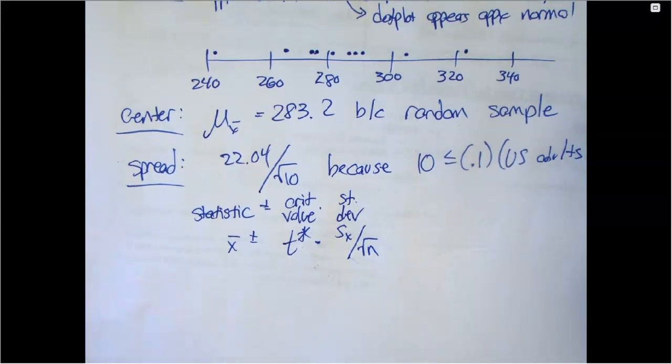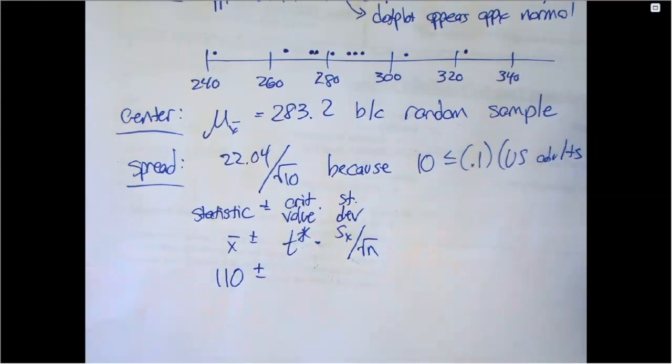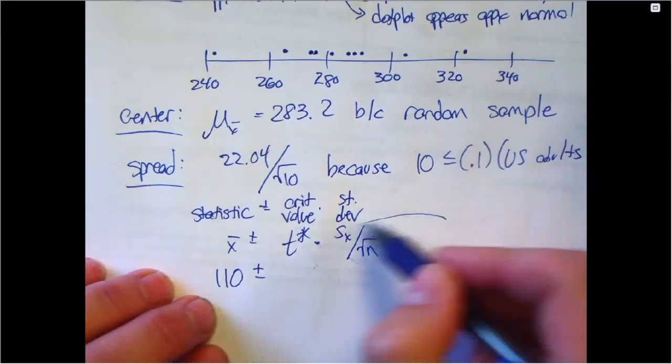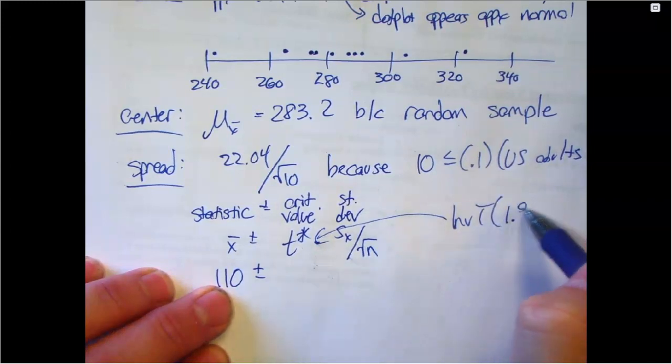And you plug in the numbers, so X bar is 110. T star I've got to find out. So remember that is inverse T of 1.95 divided by 2, comma.